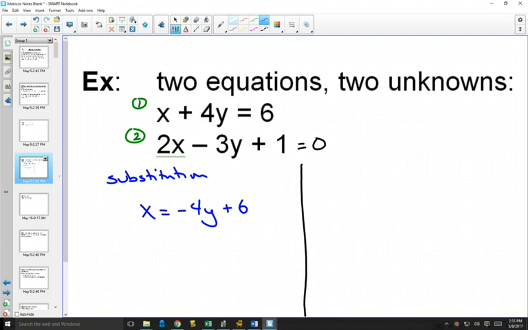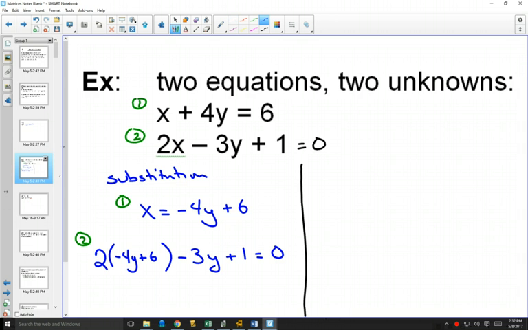So it's important to know that when we got x by itself, this was still equation 1. And when you substitute in, you have to substitute that into the other equation. And the other equation was 2x, but now instead of x, we substitute the fact that x is equal to negative 4y plus 6 minus 3y plus 1 equals 0. So we substitute it into equation 2.